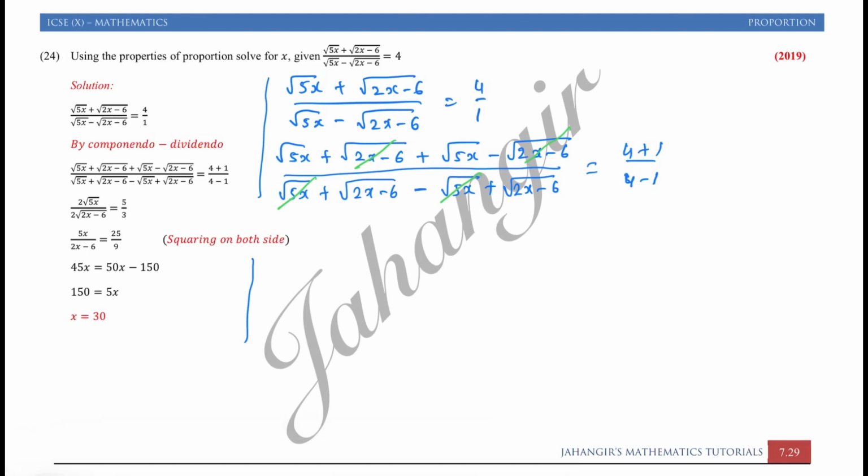Now we had done too many sums of this kind, so this should be very easy for you. Root 5x plus root 5x is 2 root 5x. Same way root of 2x minus 6 plus root of 2x minus 6 is 2 root of 2x minus 6, that is equal to 5 by 3. We can cancel 2 and 2, squaring on both sides.